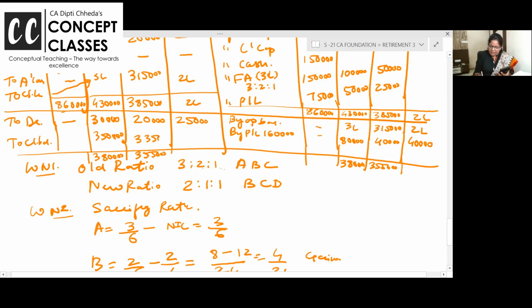So 3,35,000. 2,40,000. So 2,40,000 and 2,15,000 is the closing capital. Problem is over. Trust me, if this trick is there in the capital account, they will not ask you to make revaluation balance sheets and all that.